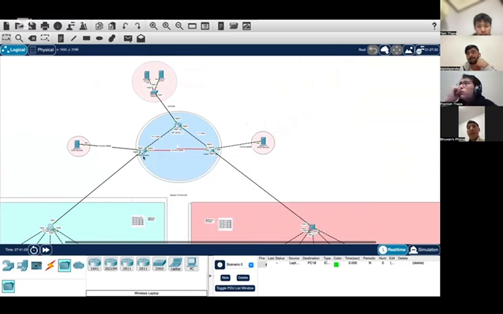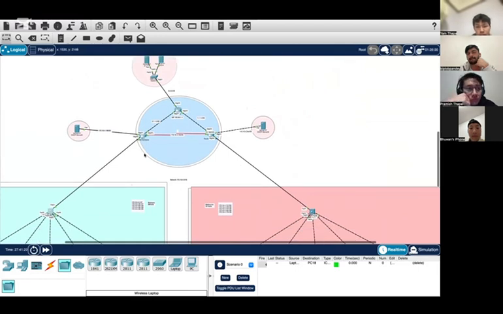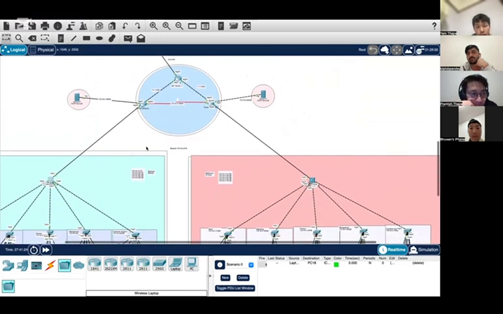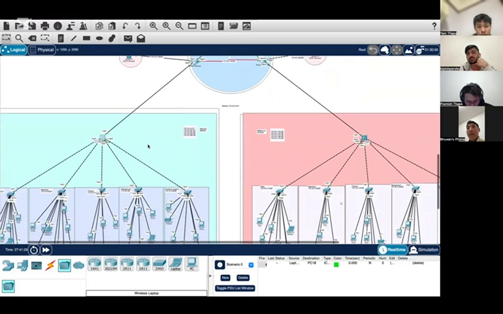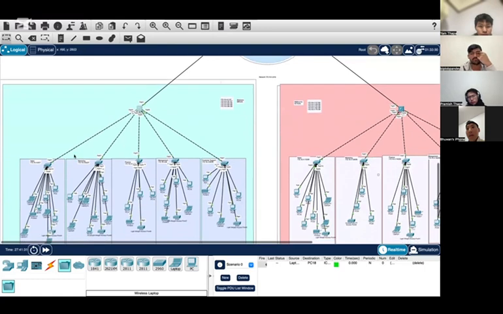NAT is done in the router. After that, Bhuvan will go through not inter-VLAN, but VLAN configuration in the multi-layer switch and then the access switches.